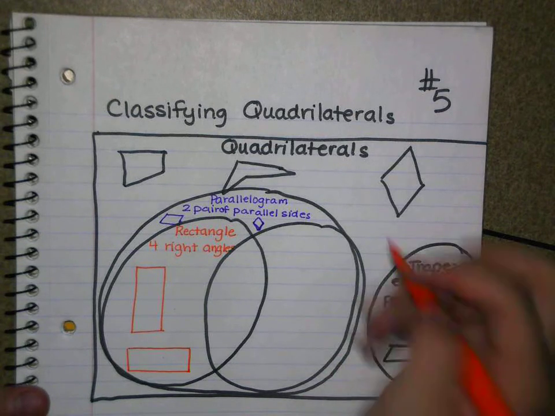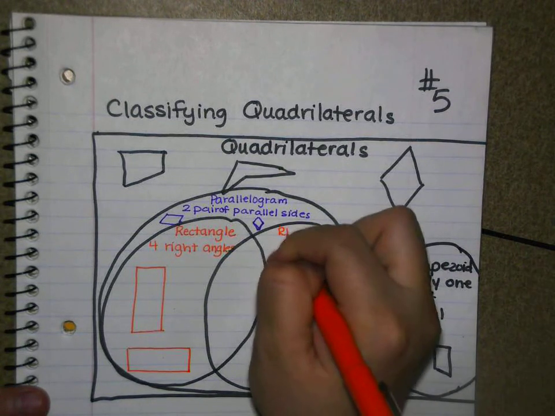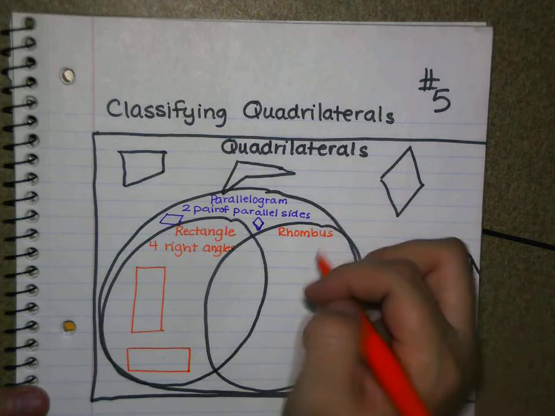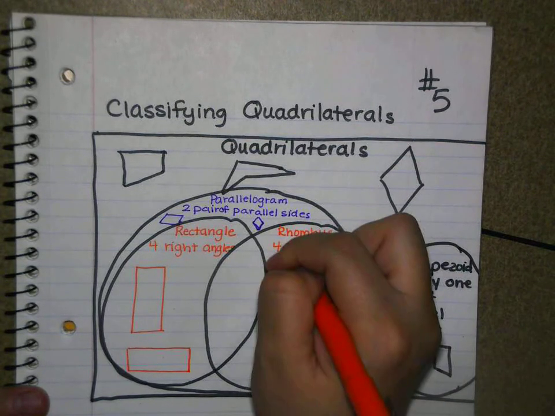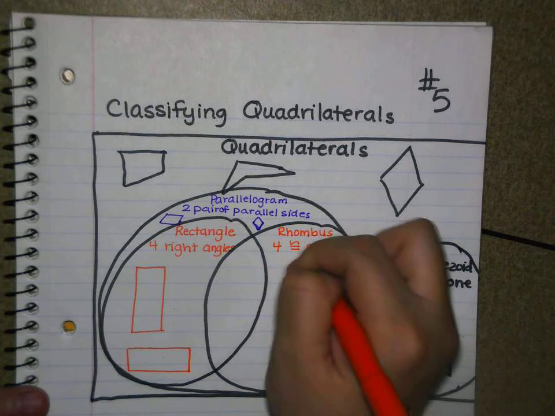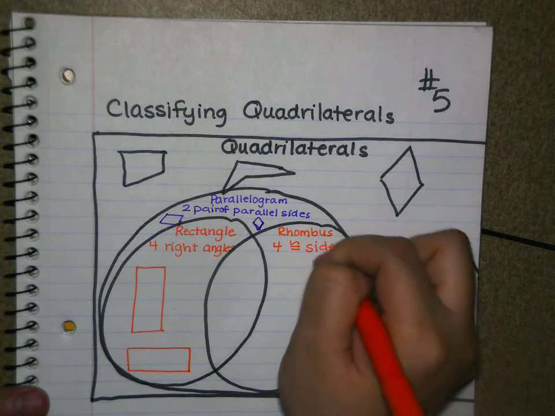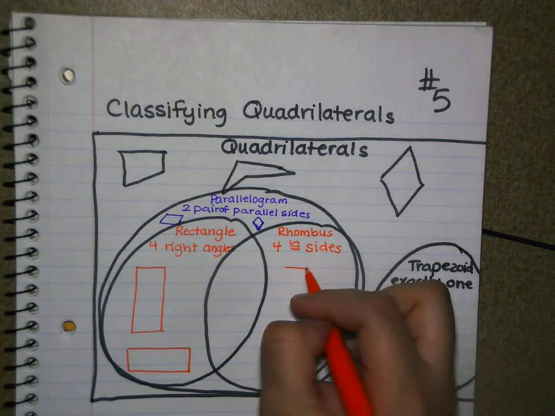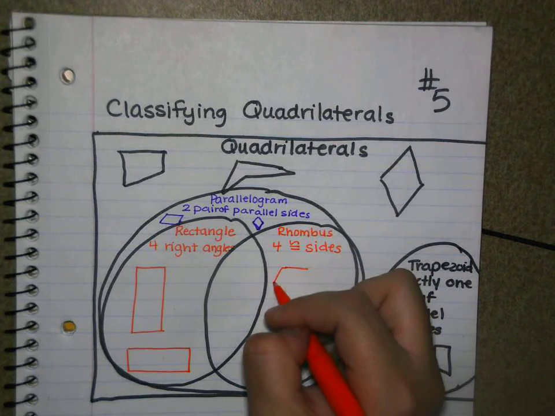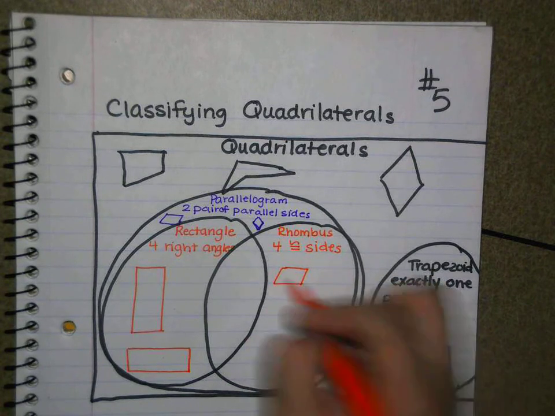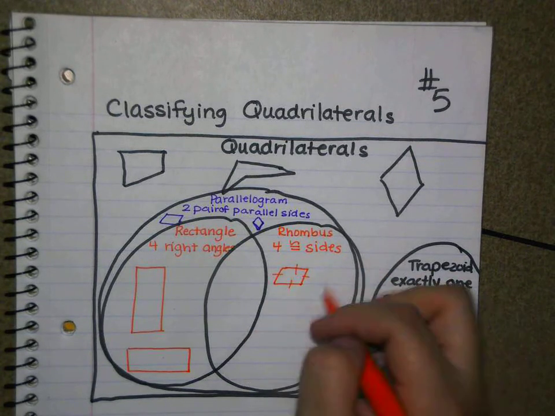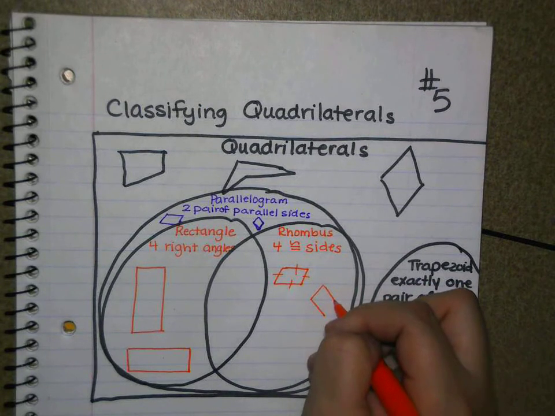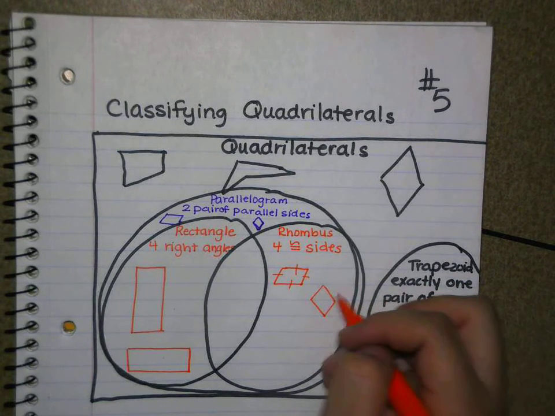Okay, and then on the other side, we're going to have our rhombuses. So we're going to put a rhombus. And a rhombus has 4 congruent sides. So 4 sides that are the same length, but they don't necessarily have 4 right angles. So a rhombus might be something that looked like this, assuming I drew all those with the same sides, right? Or it might be something that looked like this, but they wouldn't necessarily have right angles.